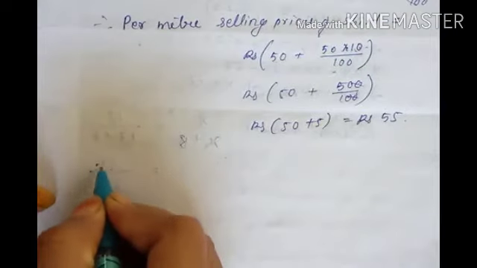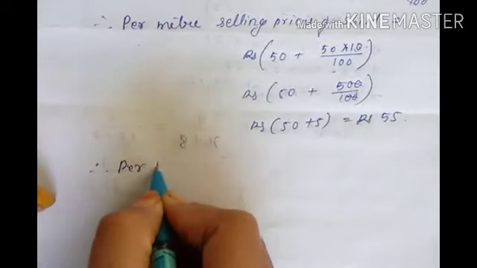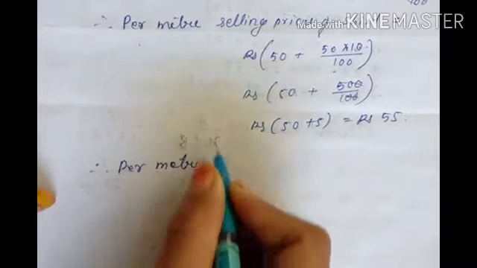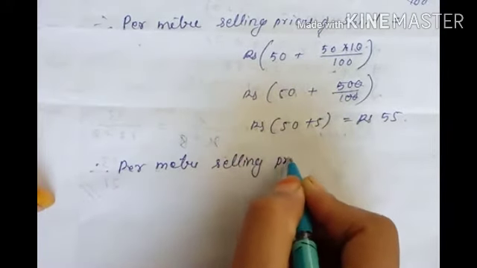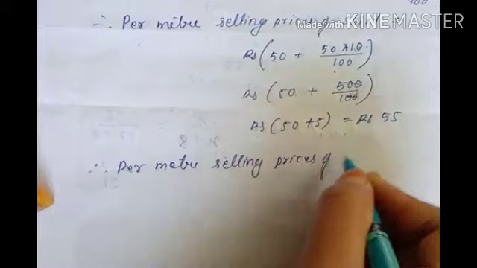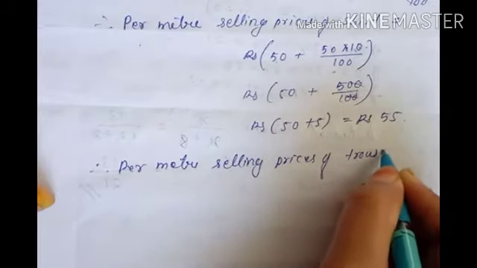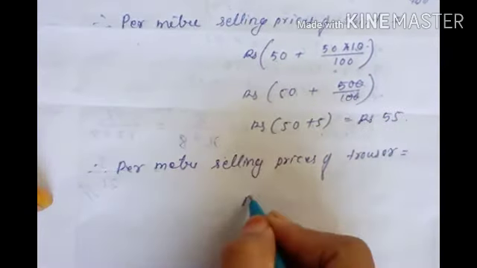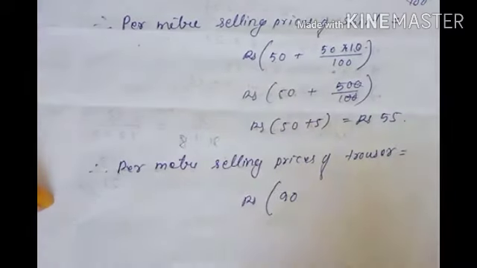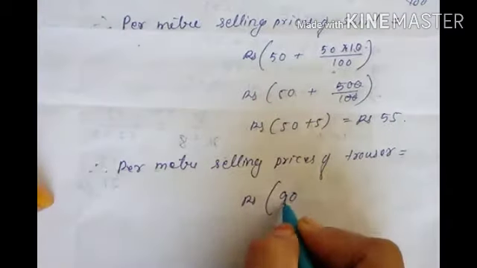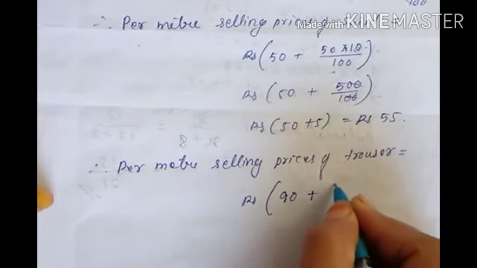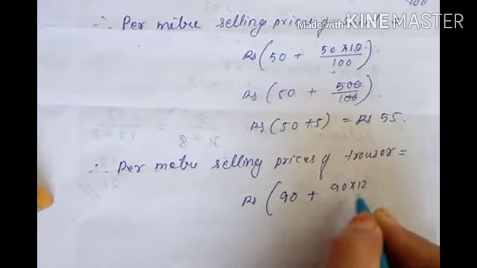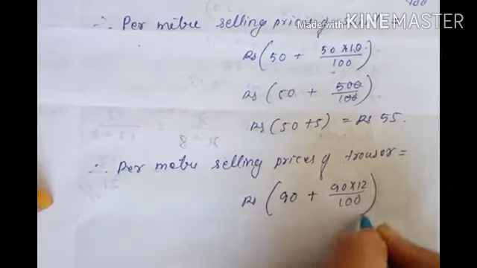Now again, per meter selling price of trouser will be how much? Rupees, how much? The cost price is 90, isn't it? And we are selling at a profit of 12%. So 12% of 90 will be 90 multiplied by 12 over 100.